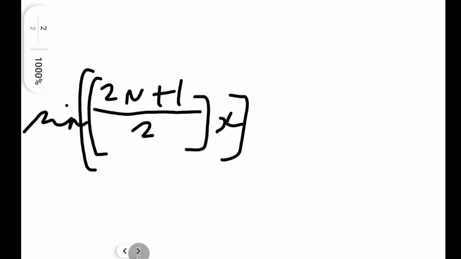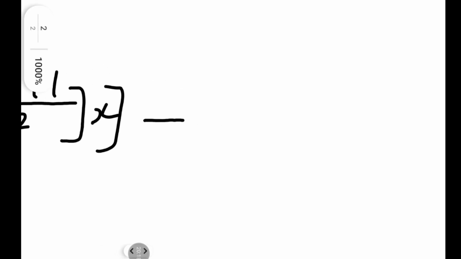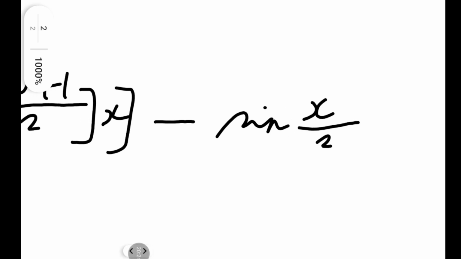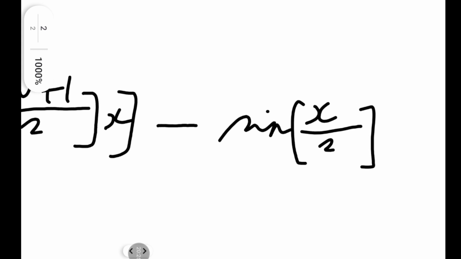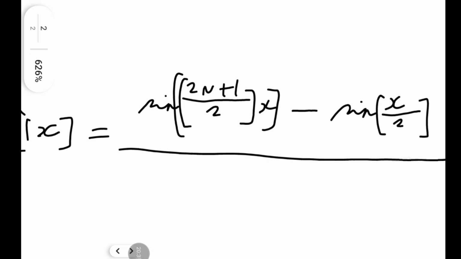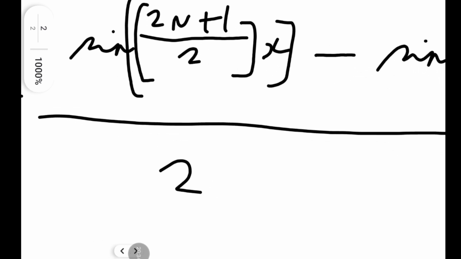Not the clearest, but you see what I mean. There's no times by cosine anymore. Minus sine of x over 2, like that, and it's going to be all over 2 sine of x over 2.